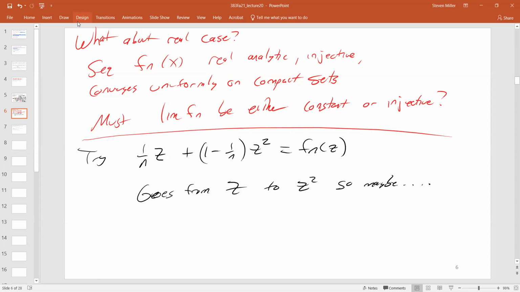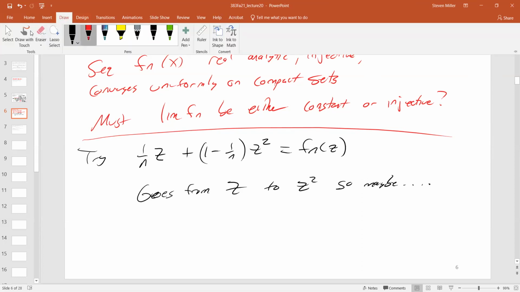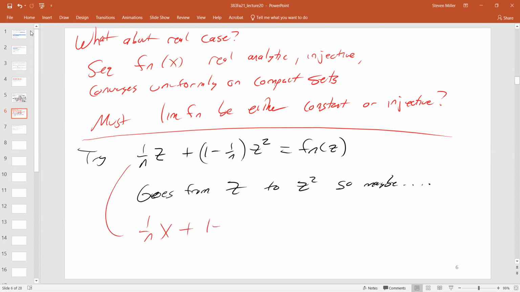Look at this function. Oops, I slipped. I even wrote z, I shouldn't be writing z. I should be writing 1 over n x plus 1 minus 1 over n x squared equals f_n of x. Now, can you tell me why this clearly can't work? Yeah, if it works for the real, it would work for the complex.